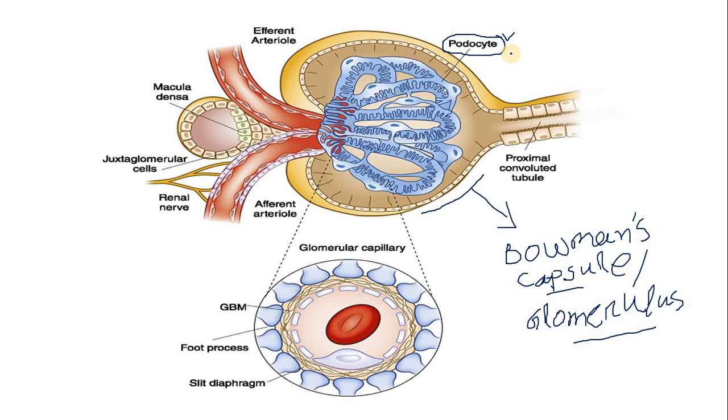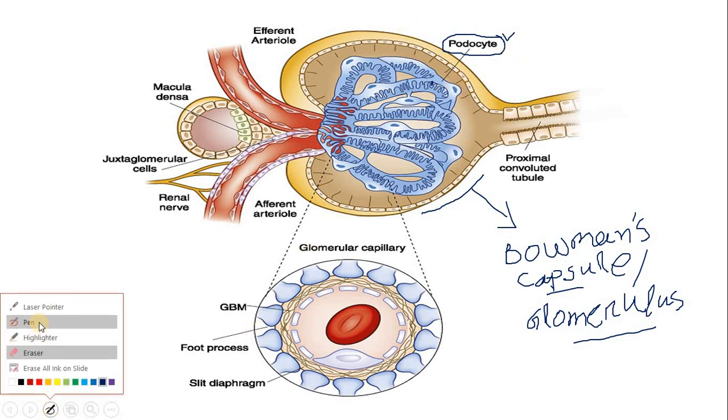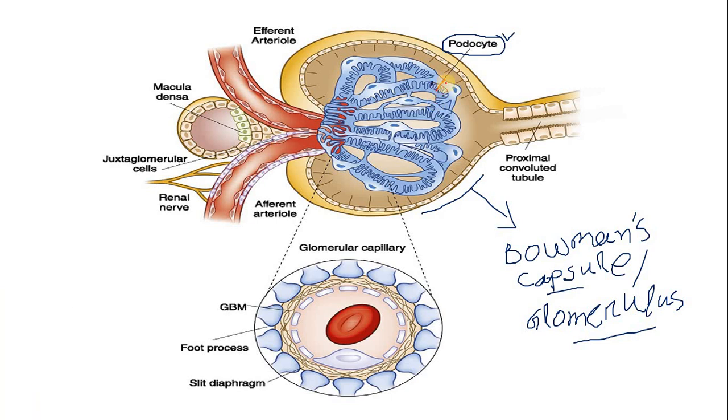And though these portions are very small in size, this is the reason the macromolecules like proteins, glucose, and DNAs or RNA cannot filter through this glomerulus, and it again enters into the bloodstream. Podocyte cells play a vital role in filtering the blood inside the glomerulus.